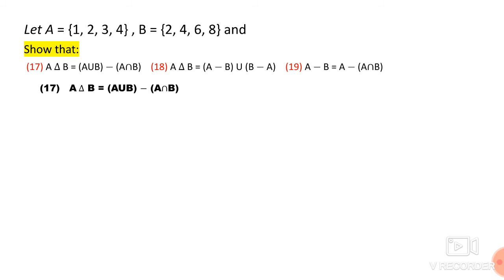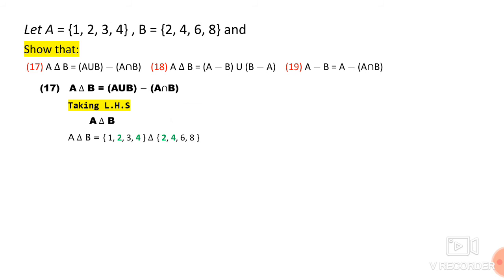Keep in mind, whenever we are solving a question which says show that, we have to show that the left hand side is equal to the right hand side. So we will consider any one side first. Here we are taking left hand side first. Left hand side is A symmetric difference B, and we have learned how to find the symmetric difference.